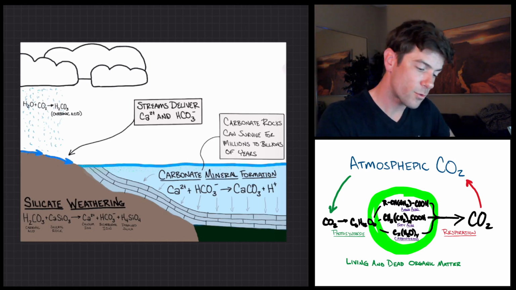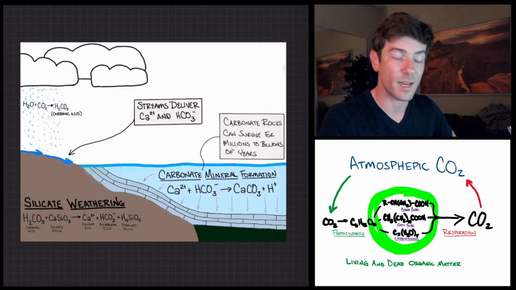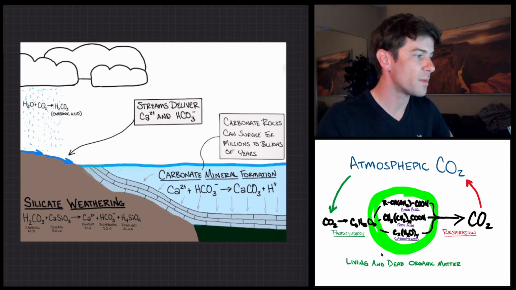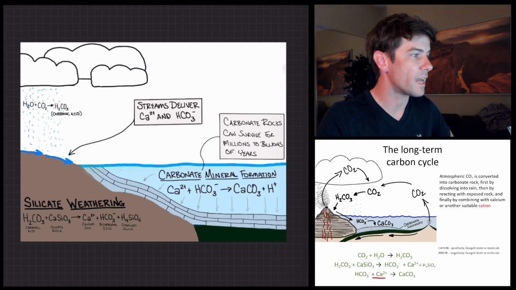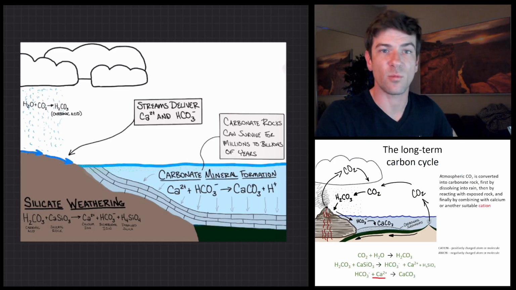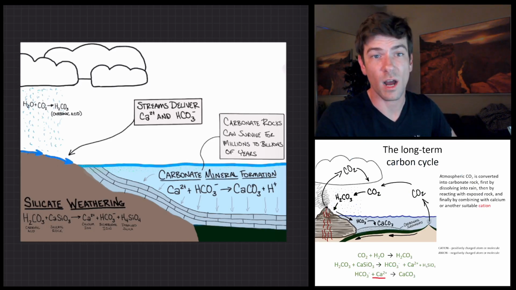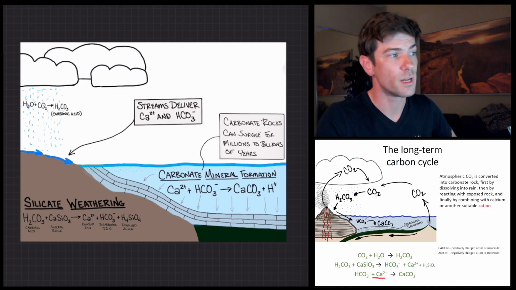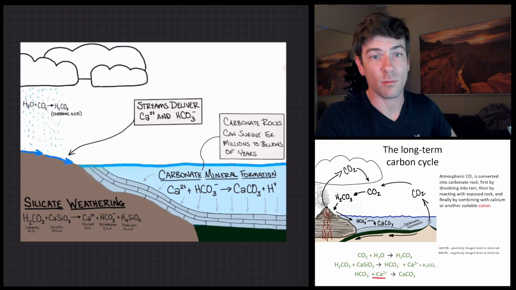And so through this process, we have taken carbon dioxide out of the atmosphere, and we have turned it into a rock. We take CO2 out of the atmosphere, turn it into carbonic acid here, react that with some rock, delivering bicarbonate and calcium to the oceans, where they react to form limestone, calcium carbonate sediments.